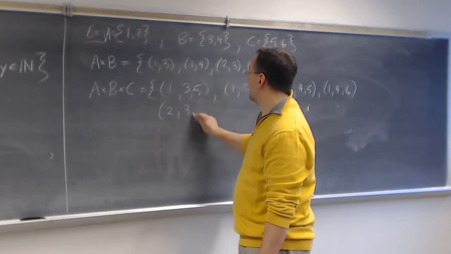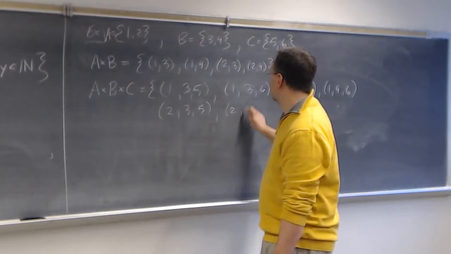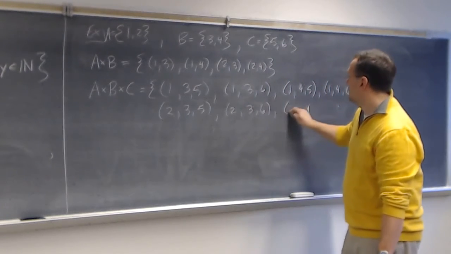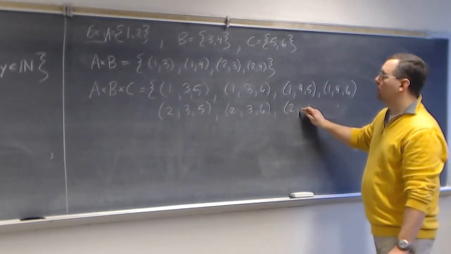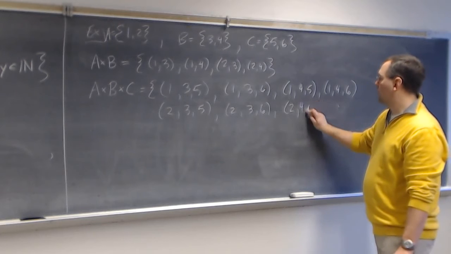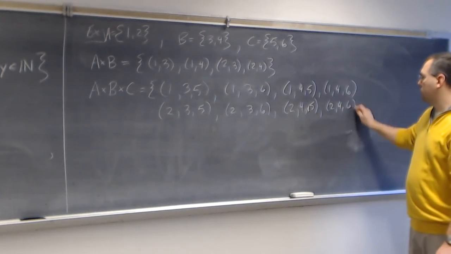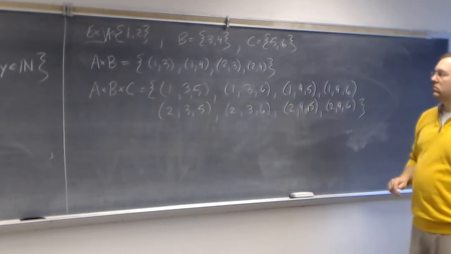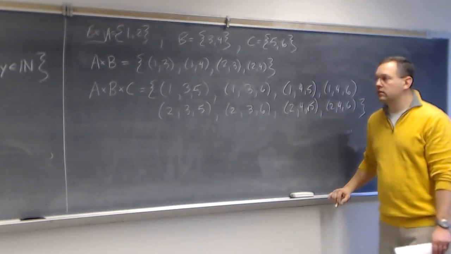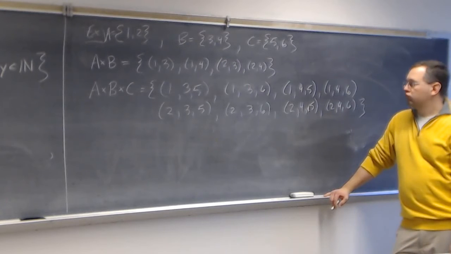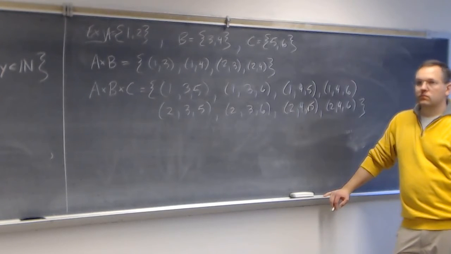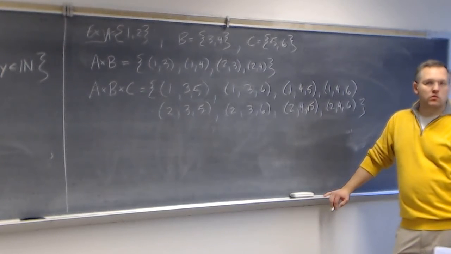So (2, 3, 5), (2, 3, 6), (2, 4, 5), and (2, 4, 6). We got 8 points. Must be all of them. Any questions?